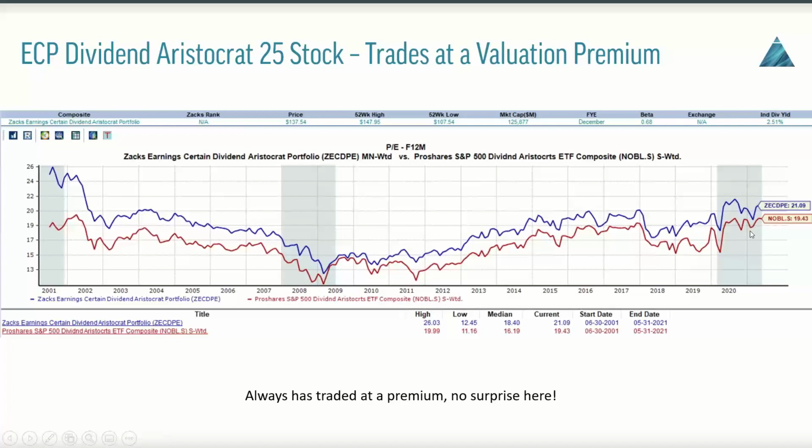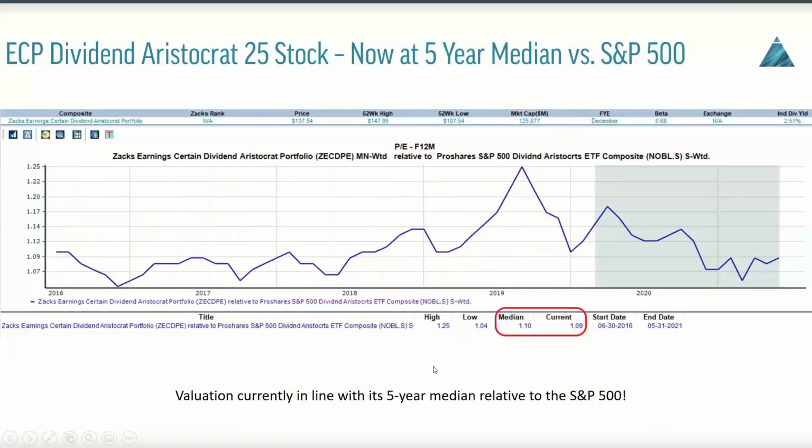So this should definitely not come as a surprise, right? You can see the blue line always riding higher than the red line, and that definitely speaks to the premium that these companies command for that stability in earnings, the stability in the underlying dividend, cash flows, and everything else. These are just premium companies.